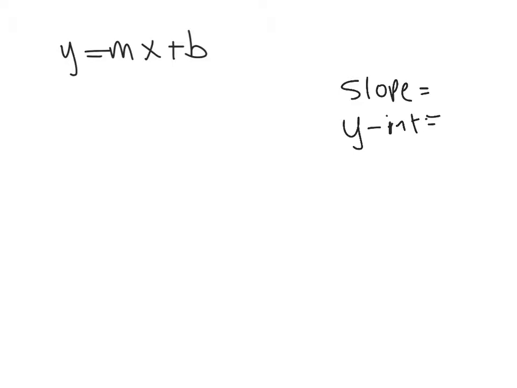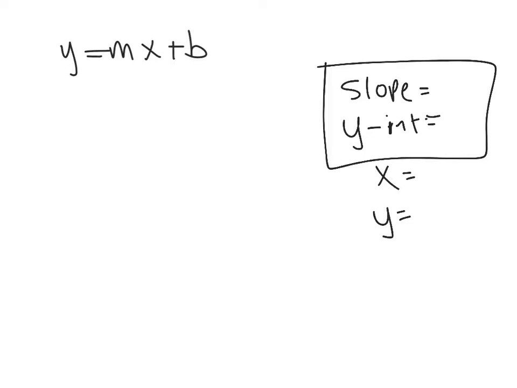And we know that these also contain an x and a y, that these are the ones here that we care about, but we know that there's also an x and a y in each of these, right? Now, if it gives us the slope and the y-intercept, that's super easy.